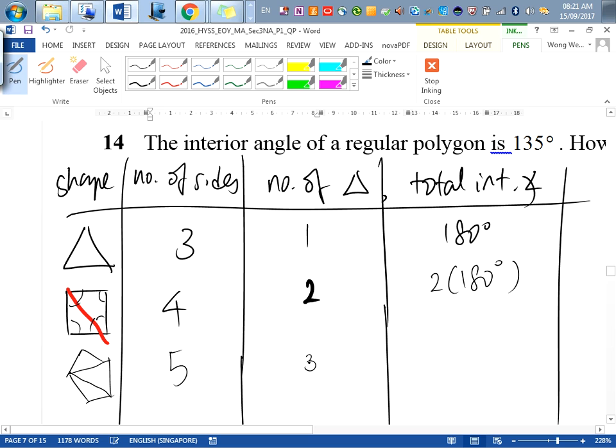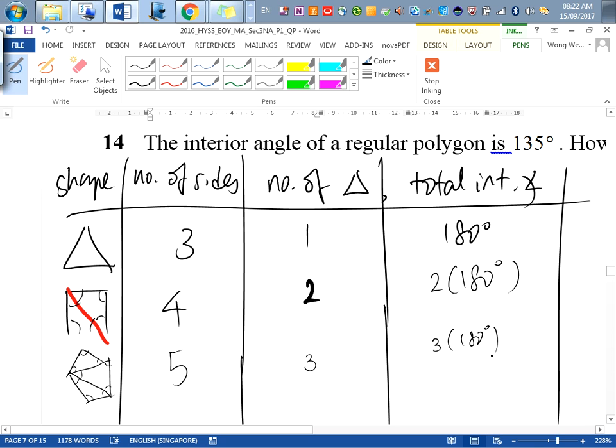So 3 triangles. What is the total interior angle? So here, and here, that's 180 already, isn't it? Then another one, 2, 3. Then one more. Add them all up. I will get a total interior angle, isn't it? So what is the total? 3 times 180 degrees. Right?